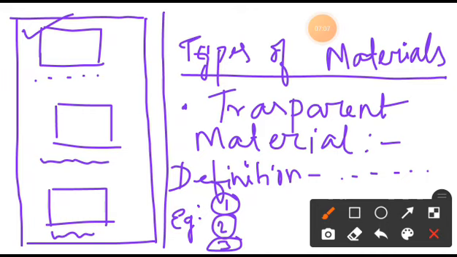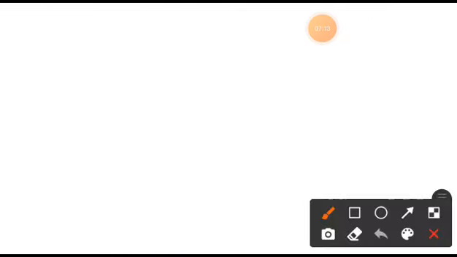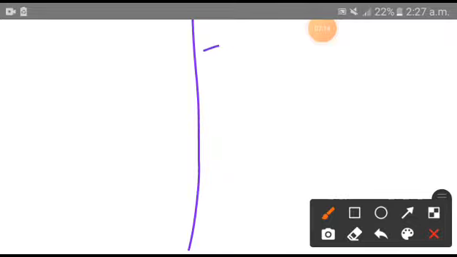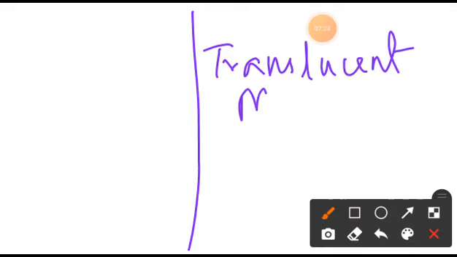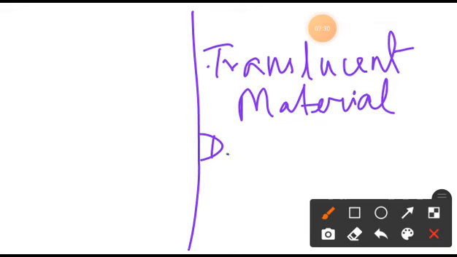Alright. In the same way, you will now go to the next page and write translucent material. Then after that, you are going to write the definition.